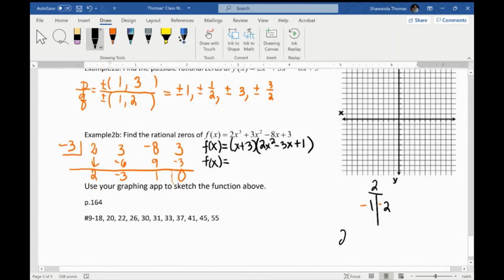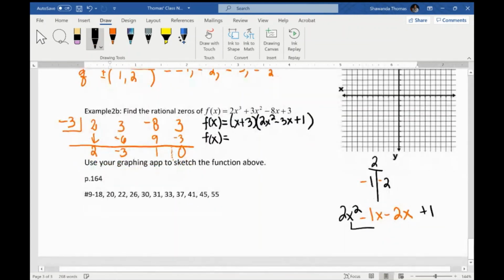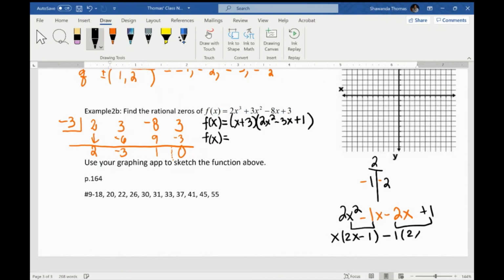We have 2x squared, and then you can write minus 2x, minus 1x, plus 1. You could take out an x, that's 2x minus 1. And you could take out a -1, which will give you 2x minus 1.